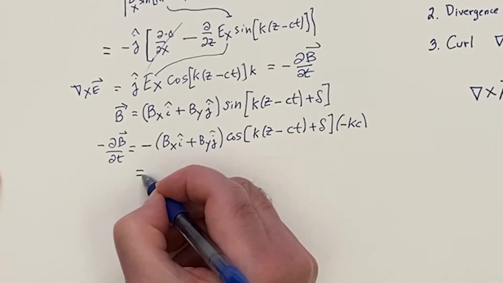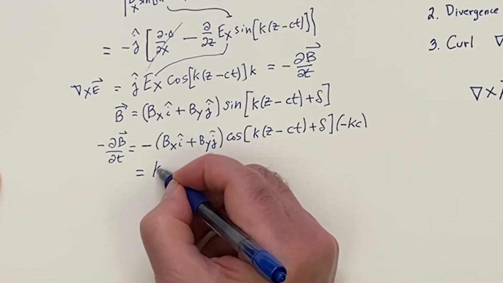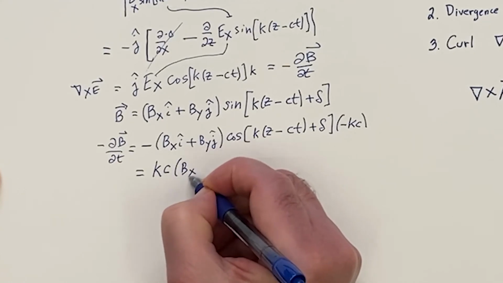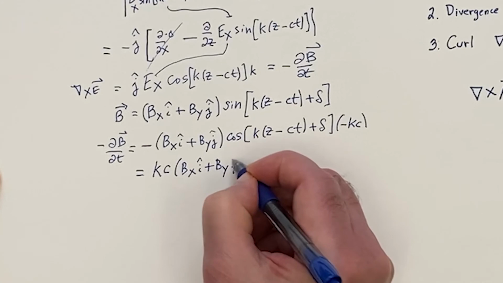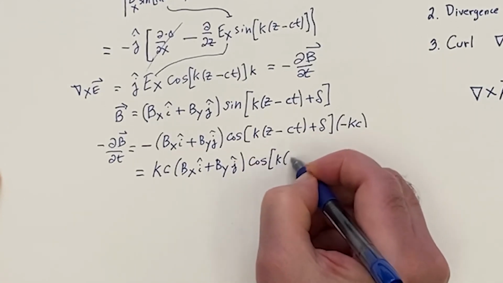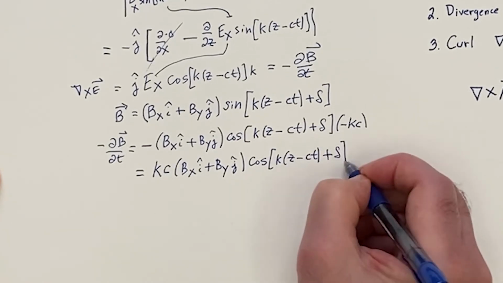So if we clean this up a little bit, we see the minus signs would cancel, and the kc I put out in front. kc, and then I have Bx i hat plus By j hat cosine(kz minus ct plus delta).